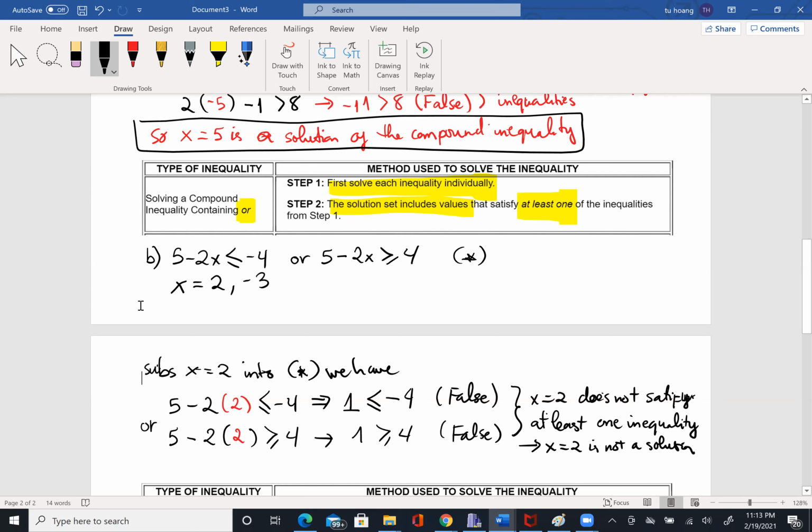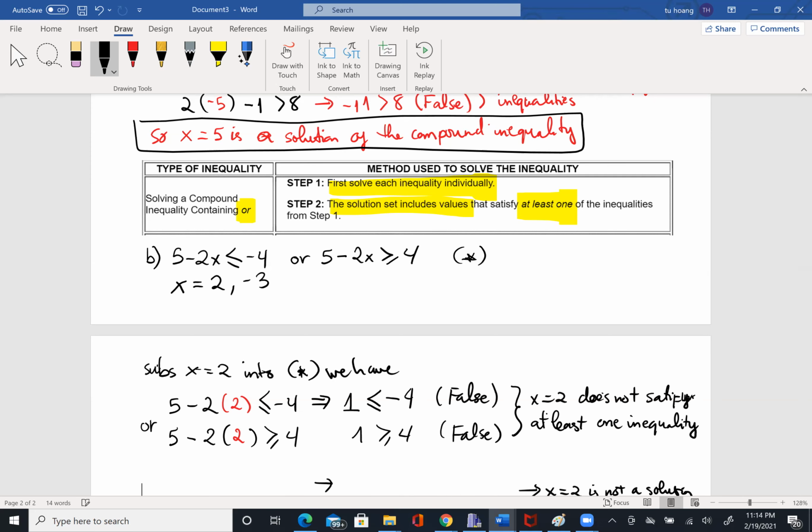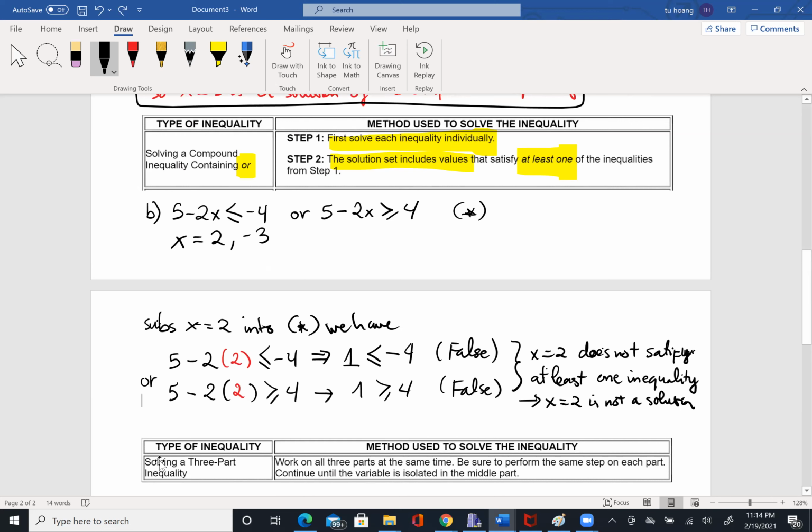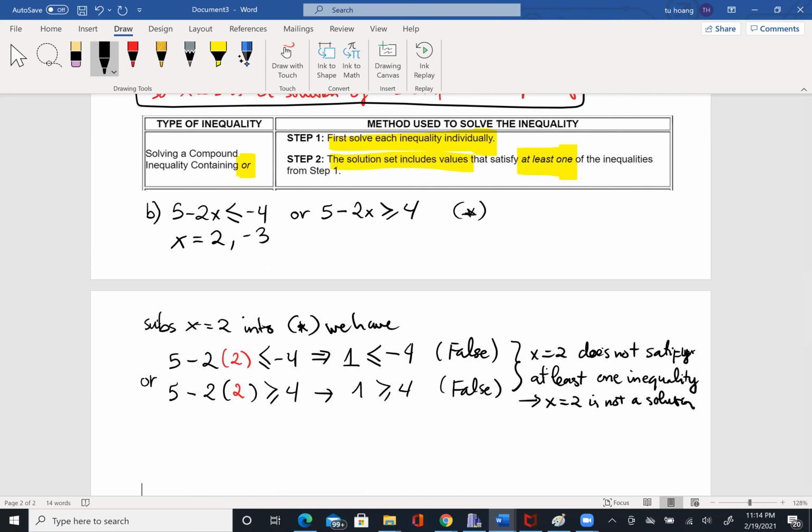Okay, what about x equal to -3, right? Let's check it. So substitute x equal to -3 into the star equation. We have 5 minus 2 times -3 less than or equal to -4.